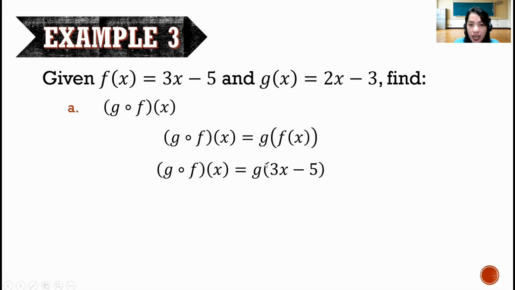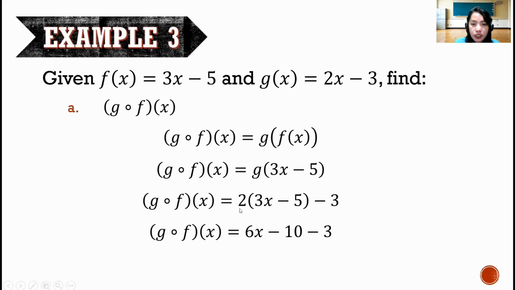Ang nasa unahan na function ay g. So, ito yung gagamitin natin na function. So, that is 2 times yung value ng x dito sa g ay papalitan natin ng 3x minus 5 and then copy minus 3. To simplify, that would be 2 times 3x is 6x. 2 times negative 5, that is negative 10, and then copy minus 3.